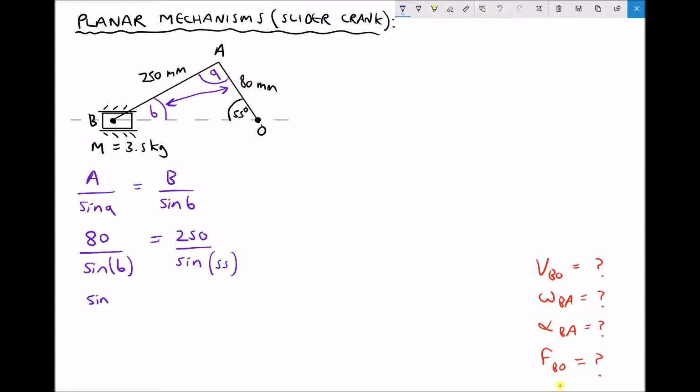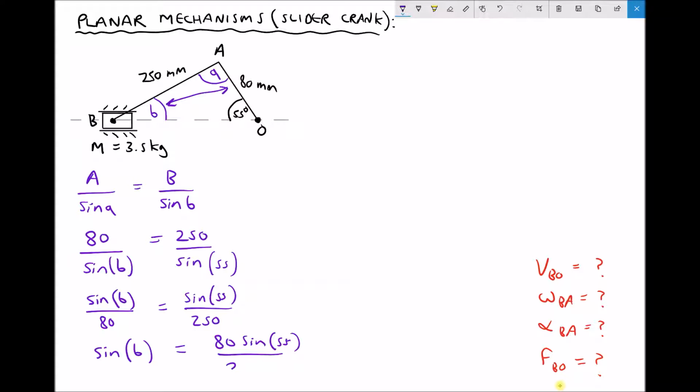So the top of each fraction becomes the bottom, and the bottom becomes the top. So that now the thing I'm trying to find is on the top of the fraction. The next thing I'm going to do is multiply each side by 80. So I'll get sine of the angle we're trying to find, B, equals 80 on top of the fraction, sine 55, and on the bottom of the fraction we have 250.